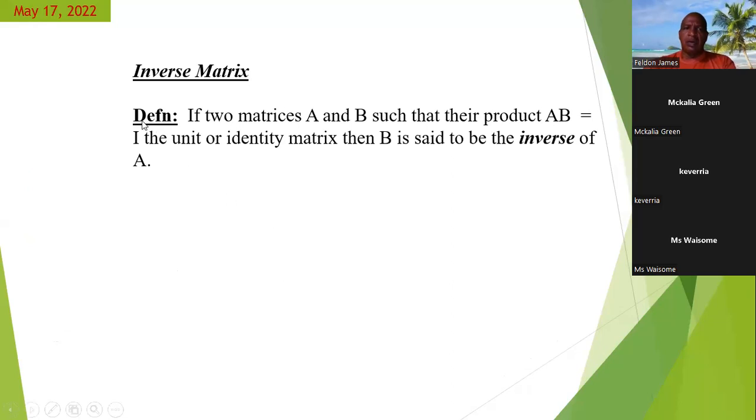Now, from a definition, we say if 2 matrices A and B are such that their product AB is equal to I, and I here has to do with the identity matrix, the identity or unit matrix, then B is said to be the inverse of A. So what that really means is, when you multiply the matrix A times its inverse, you will get the identity matrix.